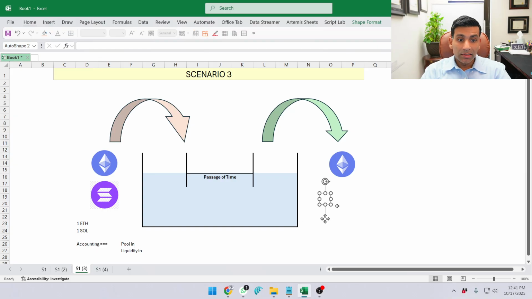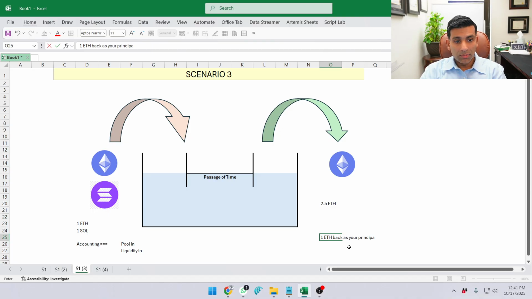And now you're getting, let's say, 2.5 ETH back. And the 0.5 is your reward, but the 1 ETH that you received here, you're going to take out your 1 ETH back as your principal investment in the pool, and then there's a conversion of 1 Solana to 1 ETH, and then you have income of 0.5 ETH.